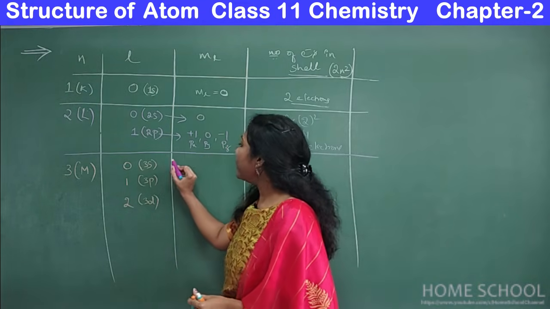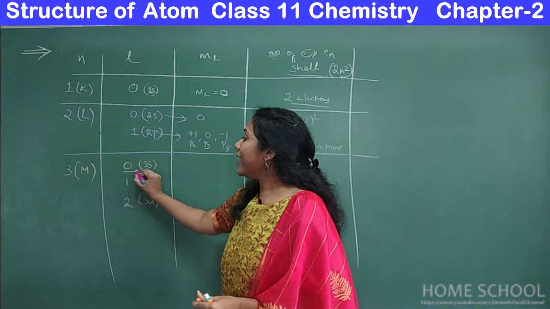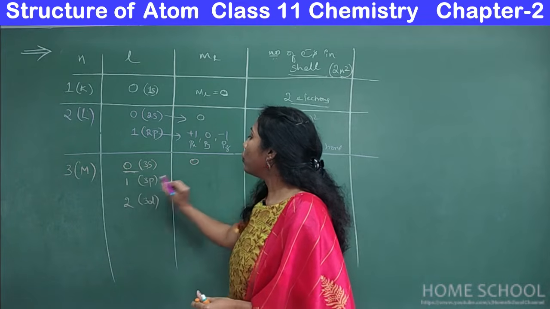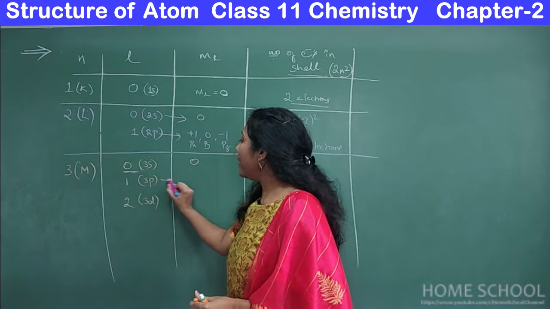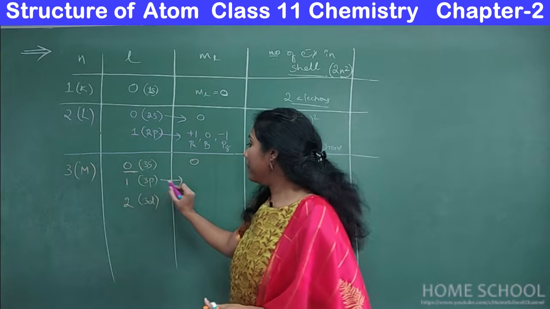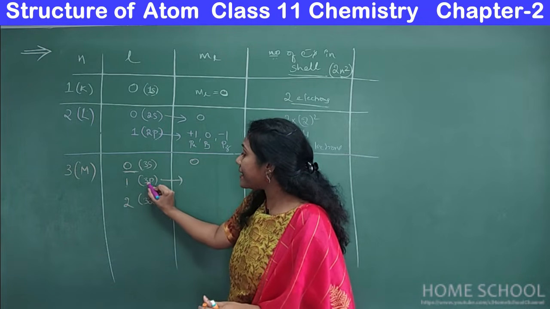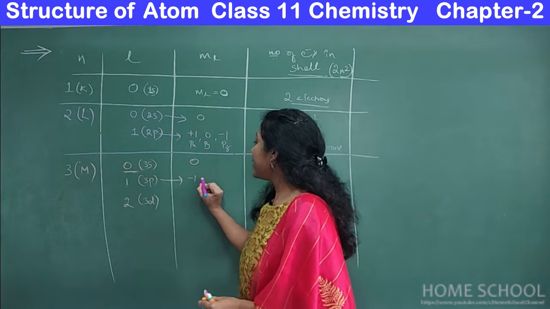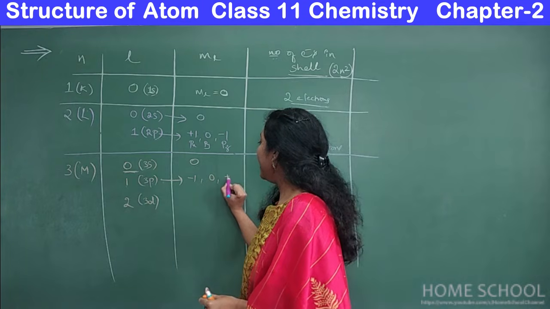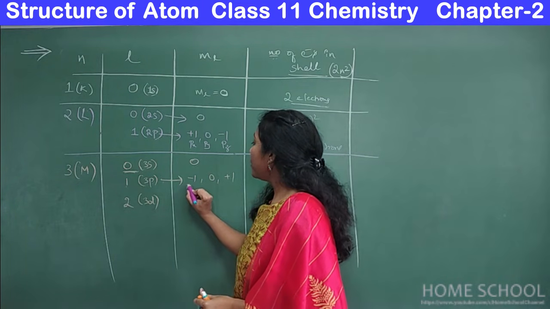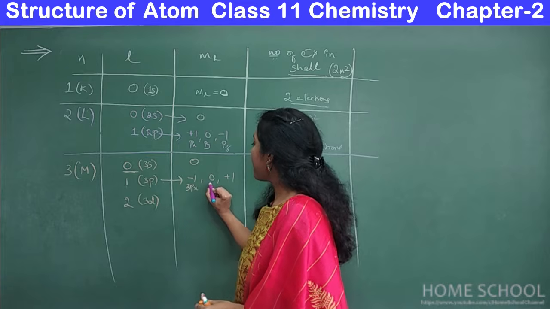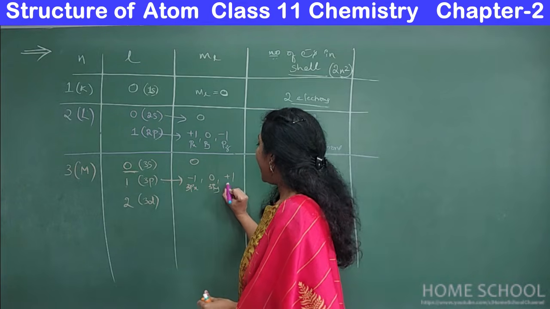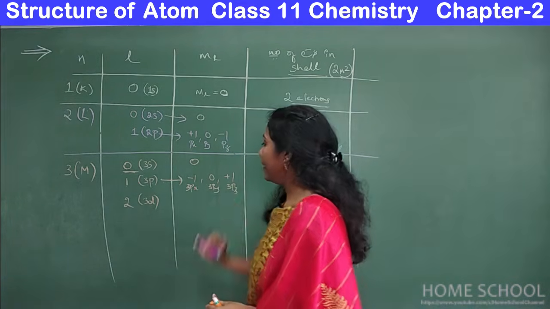What are the possible ml values when l is equal to 0? 0. What are the possible ml values when l is equal to 1? How many orbitals can be present in 3p? It is -1, 0 and +1. That means it is 3px, 3py and 3pz.